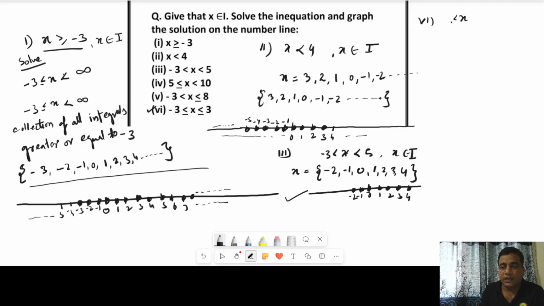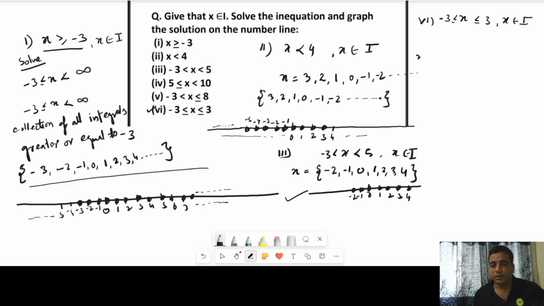Now I am coming to the last question, number 6. x greater than or equal to minus 3 and less than or equal to 3, and x is an integer. So the least integer becomes minus 3 and the greatest integer is 3, and all the integers lie between: minus 2, minus 1, 0, 1, 2, and 3.